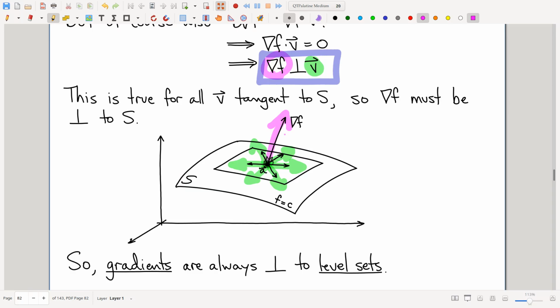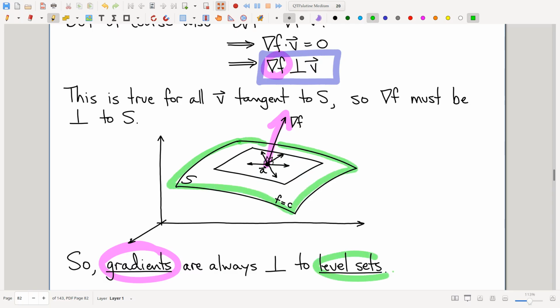And so that's the big result: gradients and level sets are always perpendicular. Everybody see the argument there? It's a really handy fact. This is possibly top 3, definitely Mount Rushmore, most important facts about the calculus of level sets: gradients are always perpendicular to level sets.